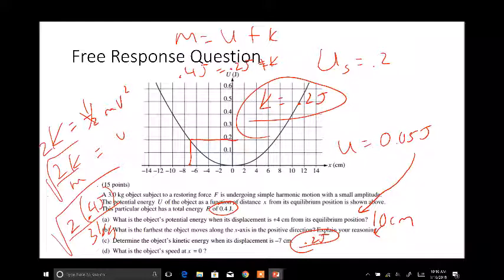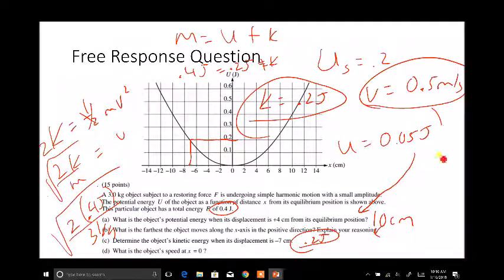Take the square root of that whole quantity, and we end up with a speed of essentially 0.5 with 1 sig fig. 1 sig fig is really what we need. 0.516 is what my calculator says, but we were only dealing with 1 sig fig. So 0.5 meters per second is what we're looking at on D.